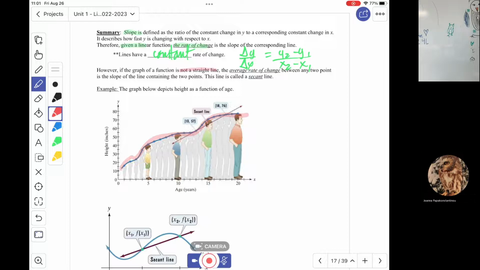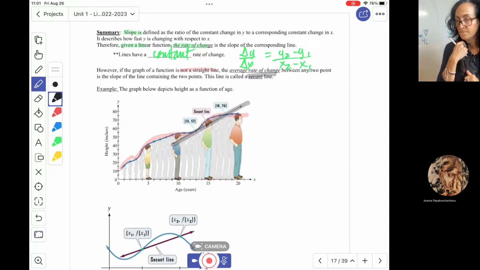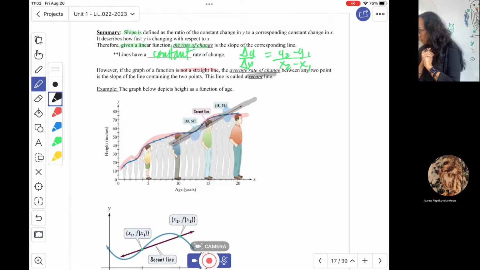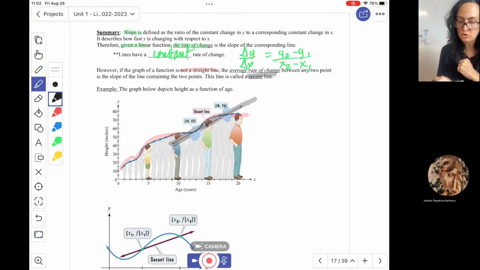I could look for the average rate of change between 2 points. Now notice, depending on what points I choose, the line passing through those 2 points could look very different. And instead of it being a tangent line, which you should remember from geometry, means it touches the curve at one point, we are now dealing with a secant line. So the average rate of change between any 2 points is the slope of the secant line passing through those 2 points.